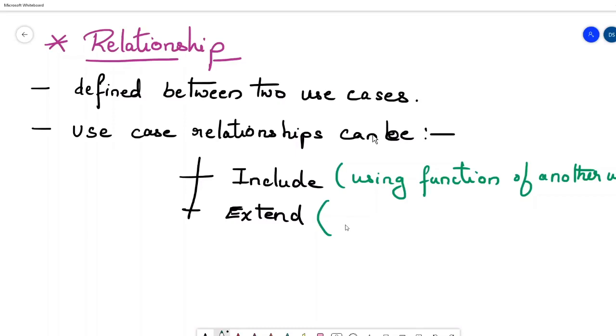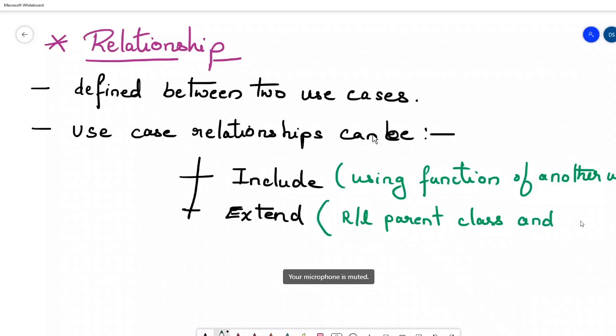So it shows the relation between parent and child, or I can say the parent use case or process and the child process. It will become clearer when we draw the diagrams.